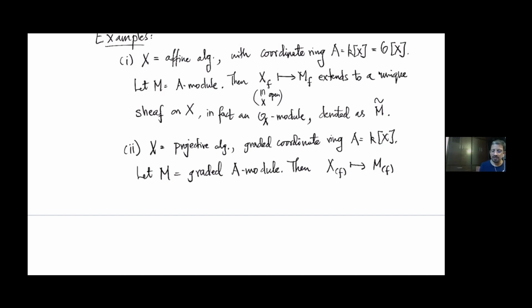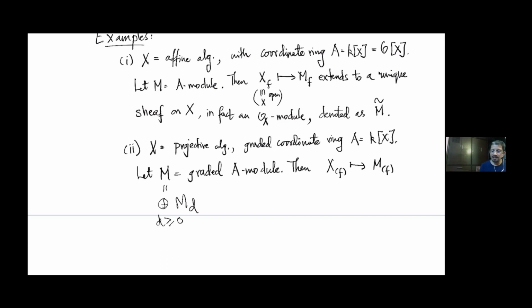So if A is equal to K[x], now instead of looking at all modules over A, it's more useful to look at graded modules. Let M be a graded module, which simply means that M splits up as a direct sum of various degree d parts. So M is a direct sum of various M_d for d greater than or equal to 0.